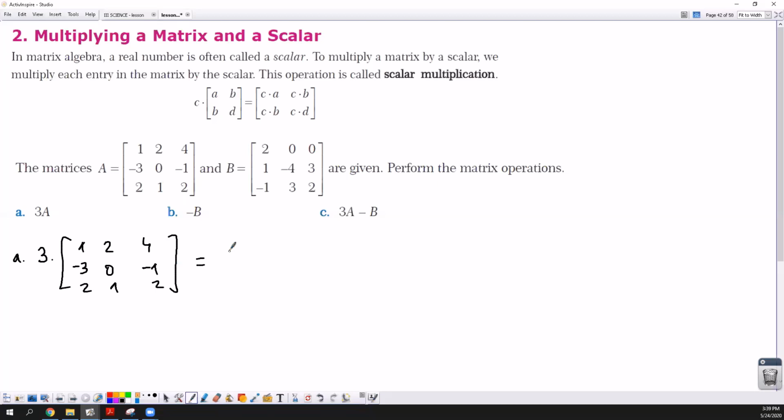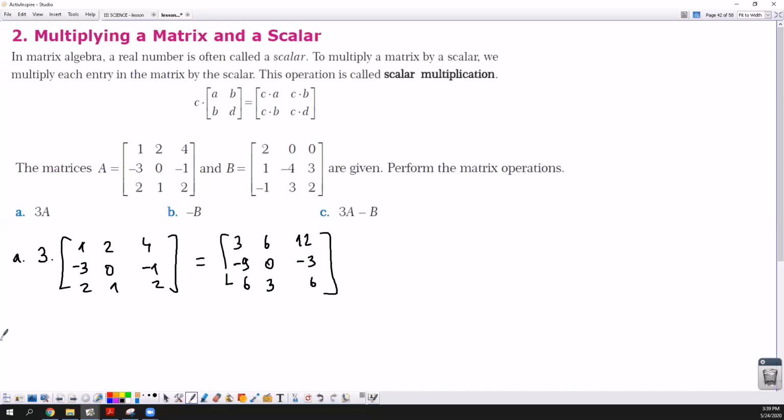So we have to multiply 3 by each entry of the matrix. So 3 times 1 is 3. 3 times 2 is 6. 3 times 4 is 12. Negative 3 times 3 is negative 9. Then 0, negative 3, 6, 3, and 6.